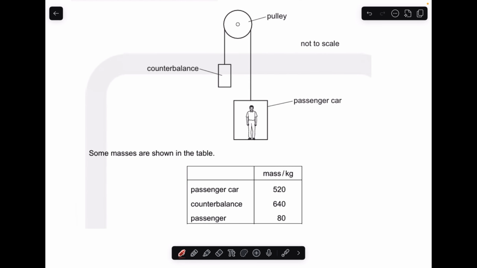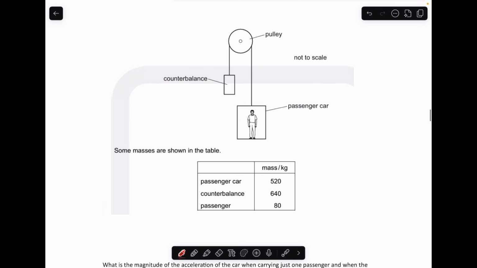To find the acceleration, we have to use Newton's second law. Newton's second law is F equals ma, that is, the resultant force is equal to mass times acceleration. So acceleration is equal to resultant force divided by the mass.